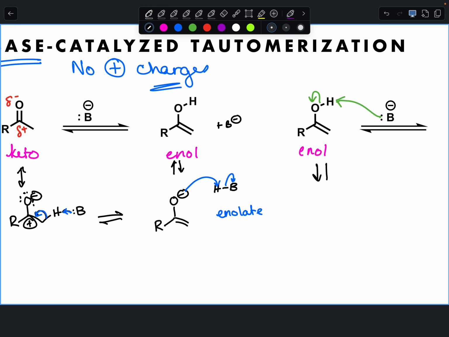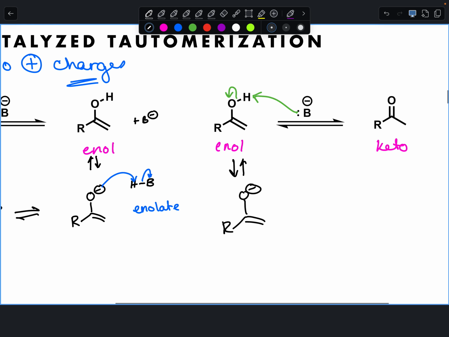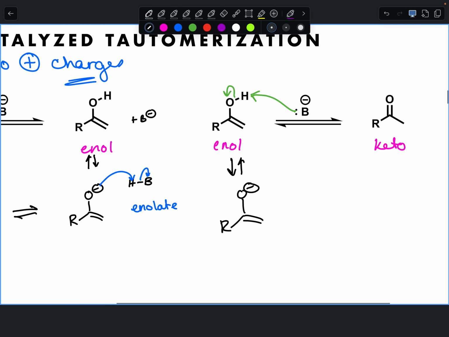I want to talk about forming the enolates from these carbonyls. We're going to be forming an equilibrium where we have a base that can pull off this alpha proton.